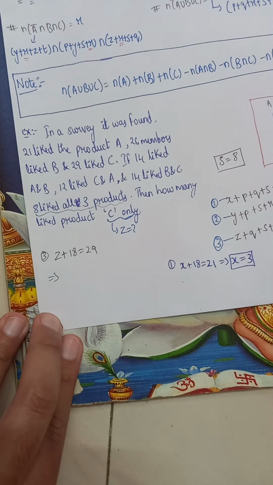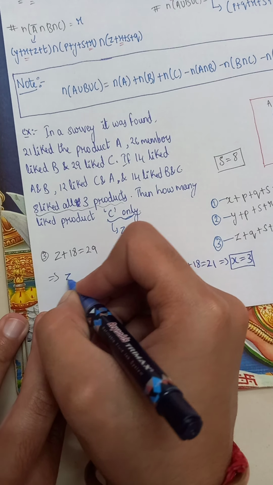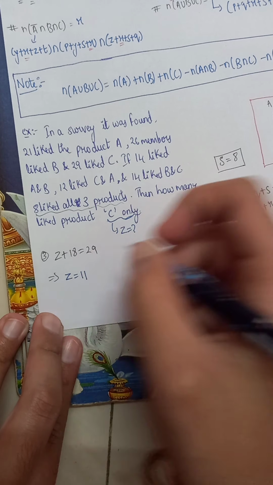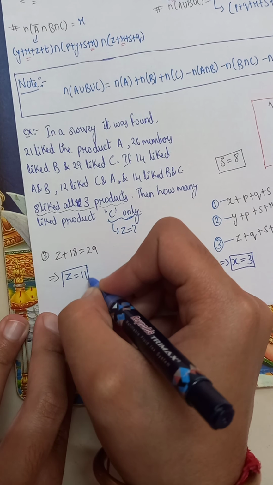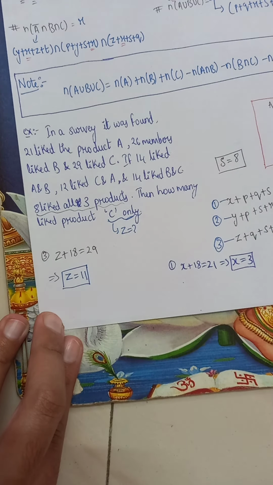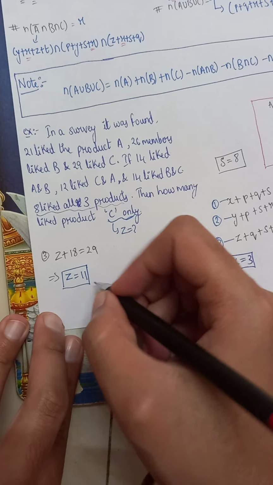So it implies, what is the answer of z? It is equal to 11. So z's value is equal to 11 is the answer.